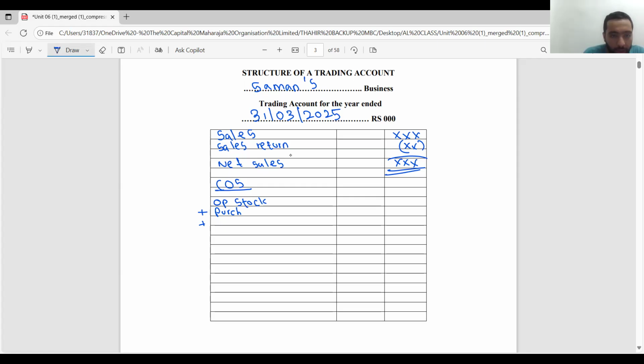Plus, you can put carriage inwards or outwards. Then you can put purchase return, minus, and then you can put minus damaged stock, and then finally minus closing stock.